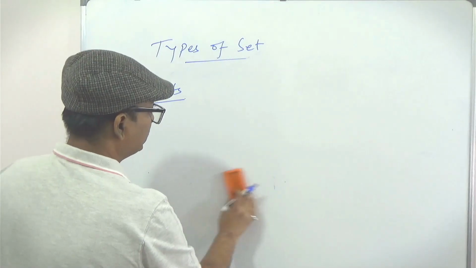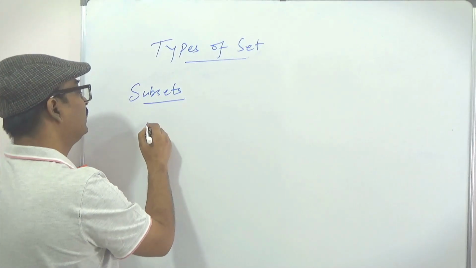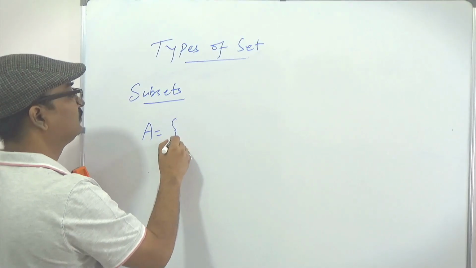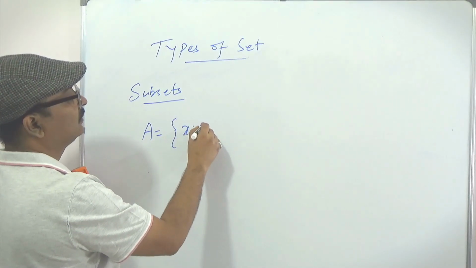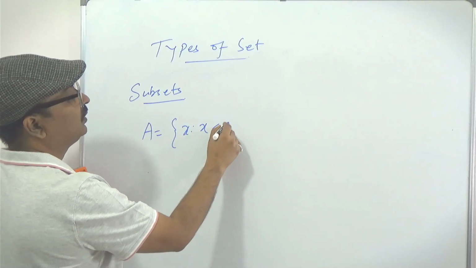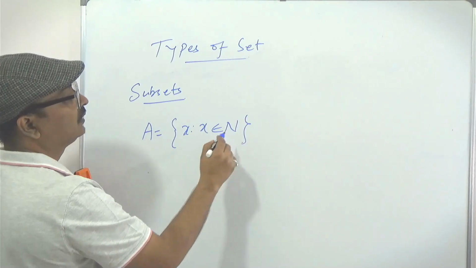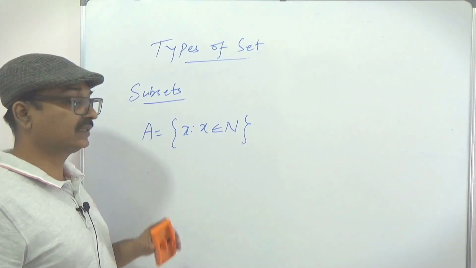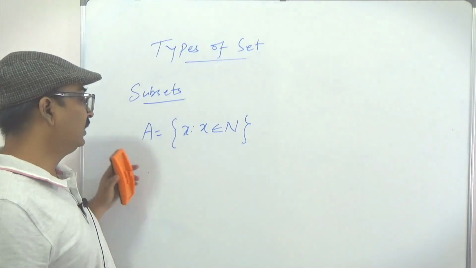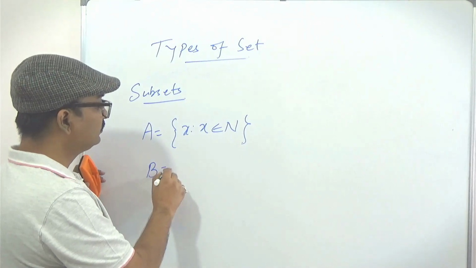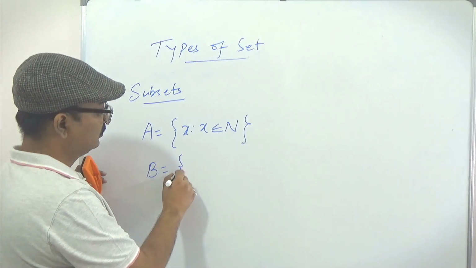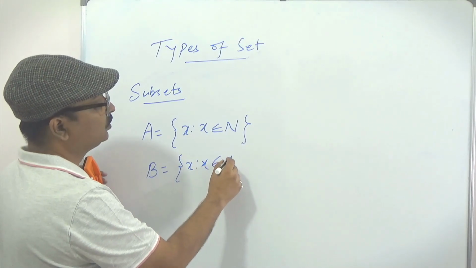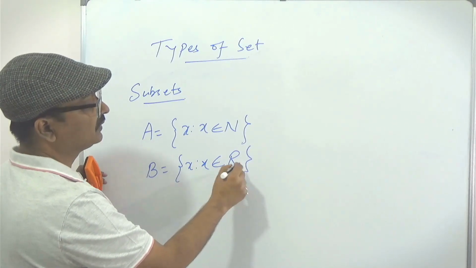Let's take another example. Let's say we have a set A, x such that x belongs to N, the set of natural numbers 1, 2, 3, 4, 5, 6 and so on. And we have B, x such that x belongs to the set of real numbers.